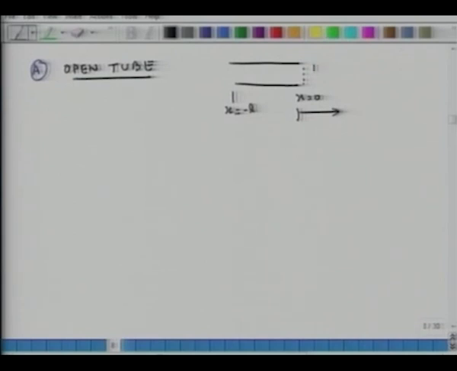So my boundary condition at x equals 0, as we had talked about earlier also, is that the pressure at the exit point is 0, the fluctuation pressure.